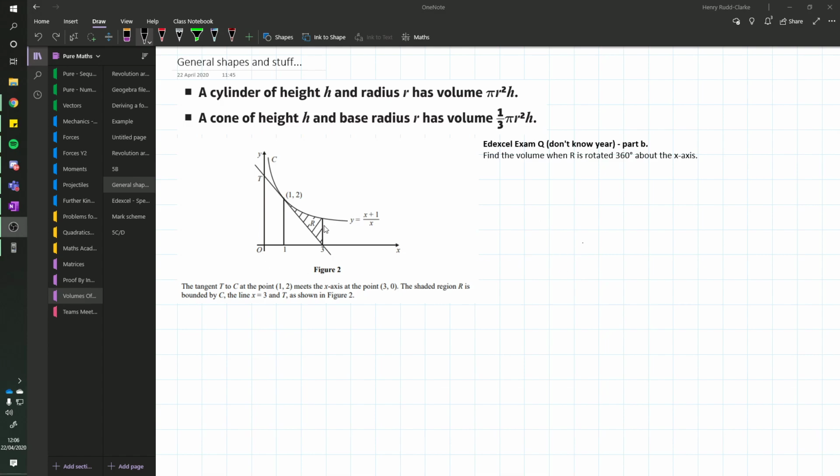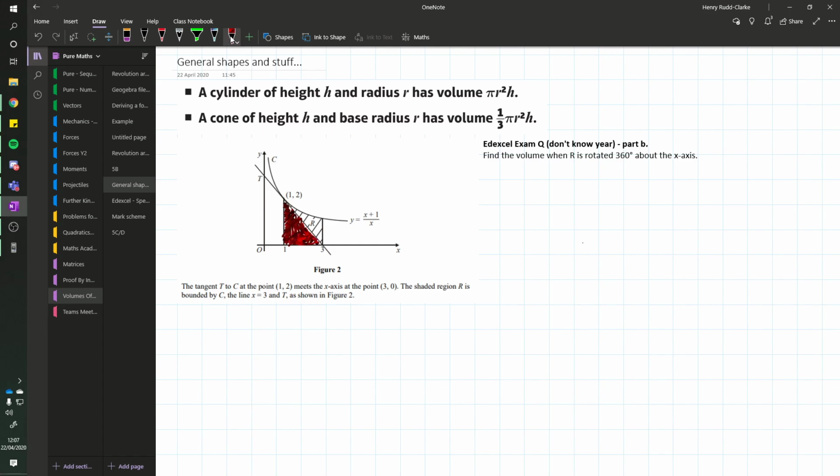So what I'm going to do is work out the whole region, and then I'm going to take away this 1 to 3 area, which is this bit here. So this will form a cone shape when I rotate it around the x-axis.